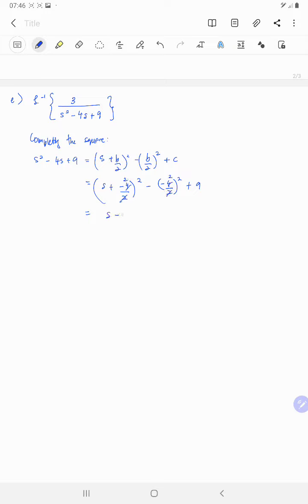So s minus 2, squared, and negative 2 to the power 2 becomes positive 4. So you get s minus 2 squared, and 9 minus 4 is 5. So now we get s minus 2 to the power 2 plus 5. Okay, so we can proceed now.